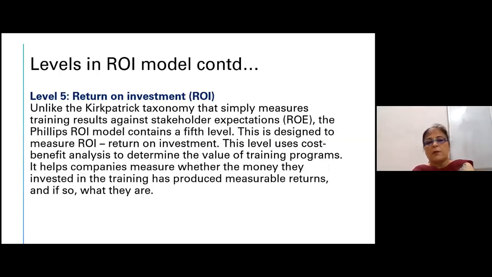So we come to the ultimate level in the ROI model, which is an additional level over the Kirkpatrick model. Unlike the Kirkpatrick taxonomy that simply measures training results against stakeholder expectations, that is a return on expectation actually, that we do with the Kirkpatrick model. Here the Phillips model has a fifth level and it doesn't stop there.